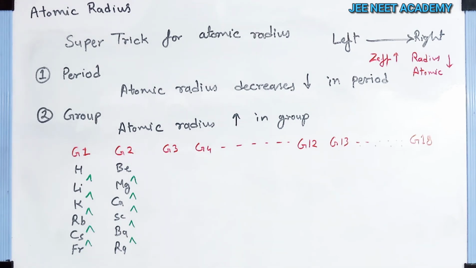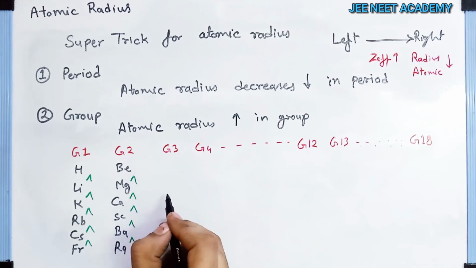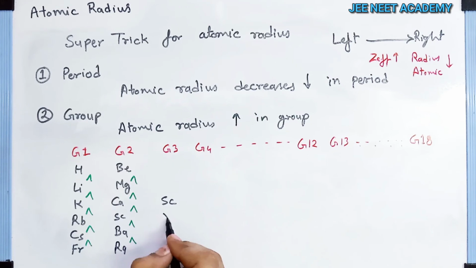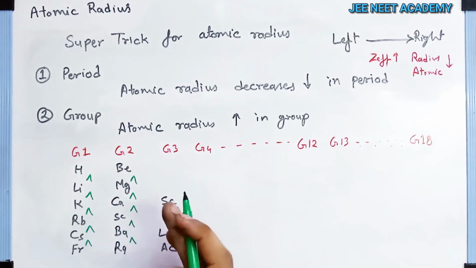Now for group 3: scandium, yttrium, lanthanum, and actinium. The atomic radius trend here will be normal, as in other groups. It will increase from top to bottom.